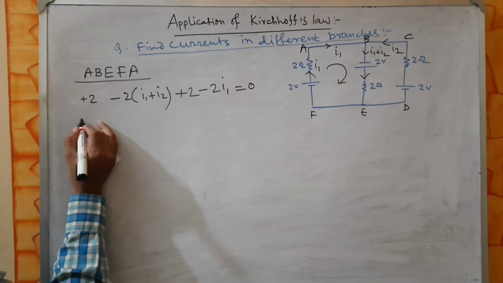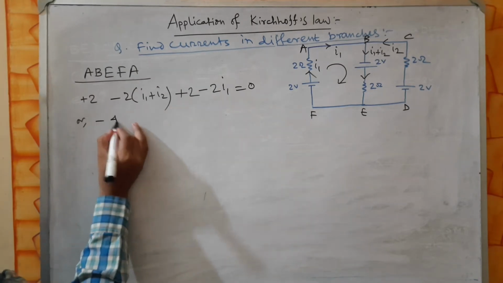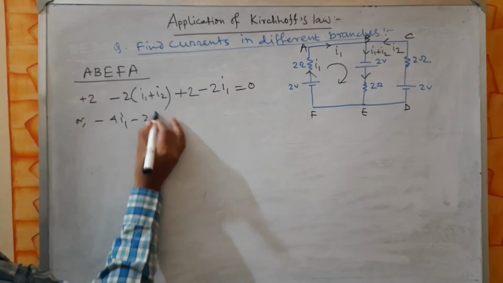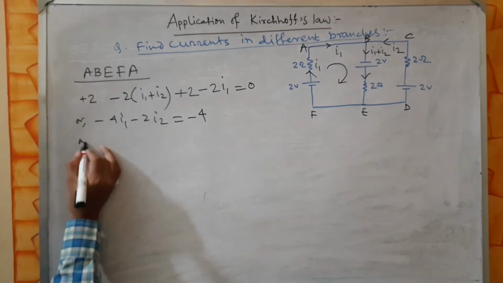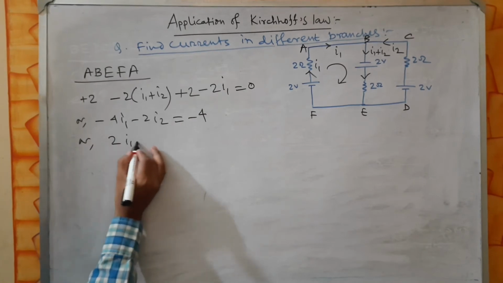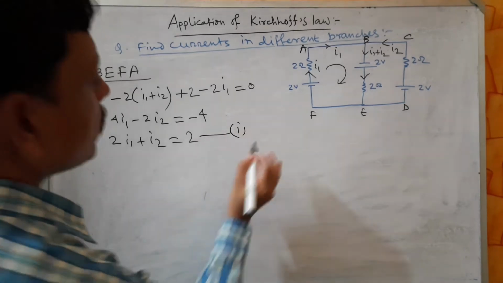Simplifying this equation: minus 2 I1 minus 4 I1 minus 2 I2 is equal to minus 4, or 2 I1 plus I2 is equal to 2. Equation 1.